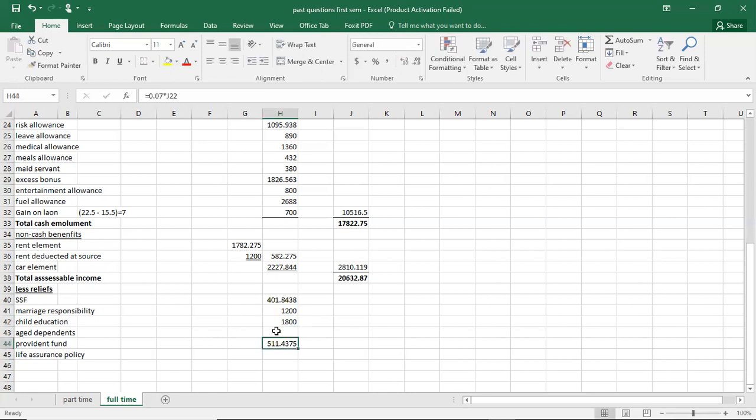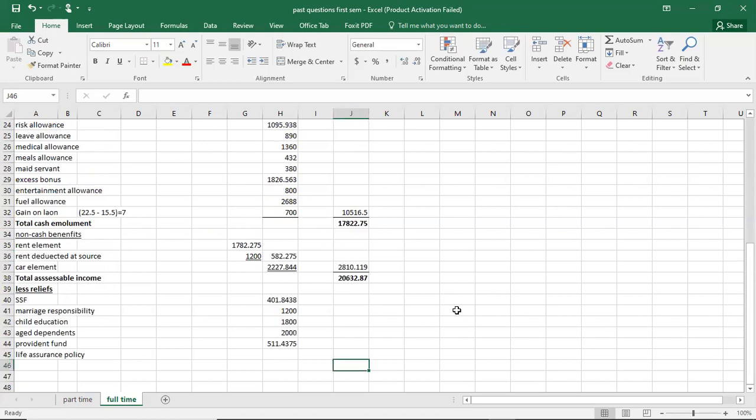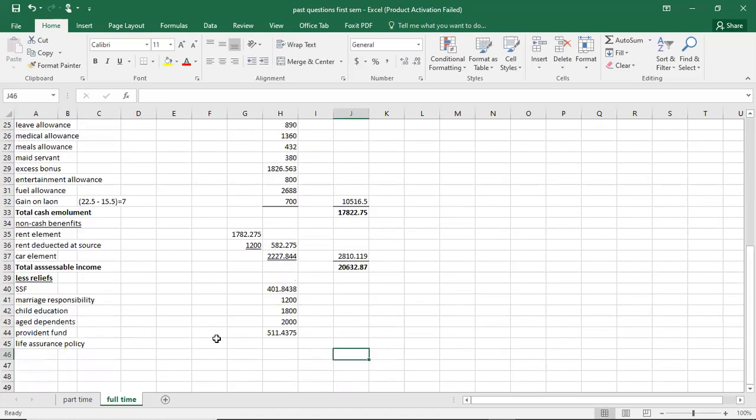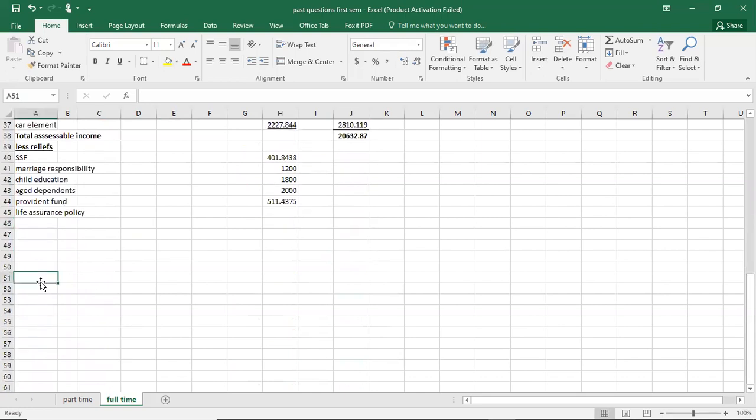Aged dependent of a maximum of 2, and it is 1,000 per person. So out of the 4, we are going to take only 2. Then you compute the life assurance. So let's do the workings. Should I do it? So let's do it here.